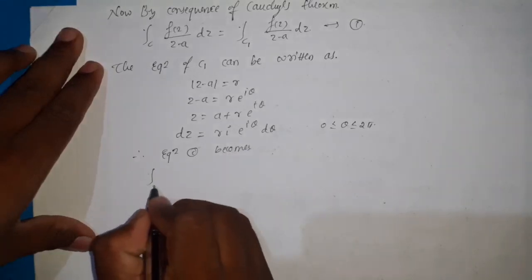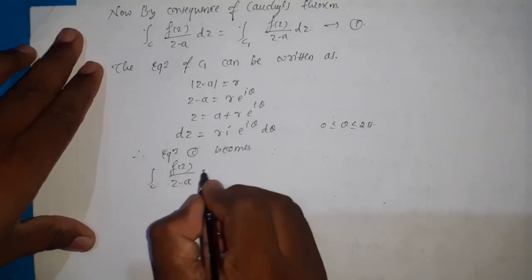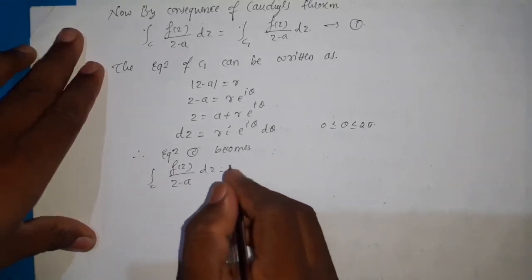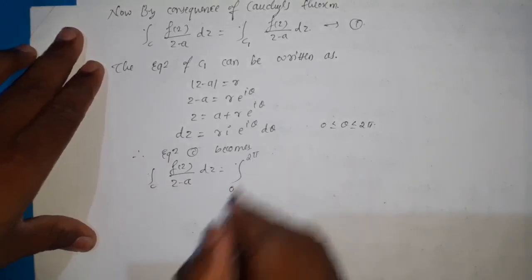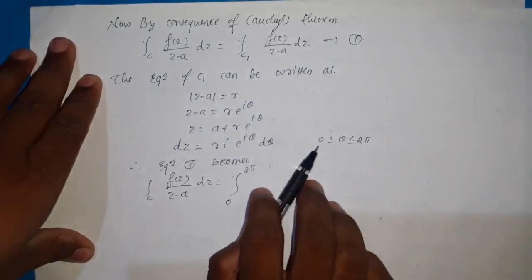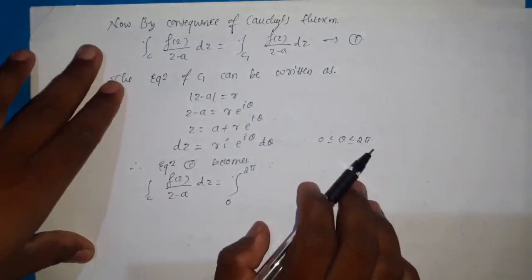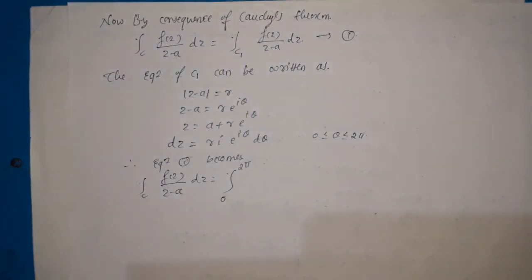integration over C of f of z divided by z minus a dz is equal to integration over 0 to 2 pi. Here, instead of C1 we are taking the limits 0 and 2 pi, because we are going to substitute z minus a is equal to r into e power i theta.